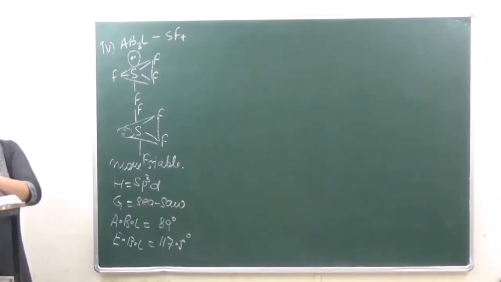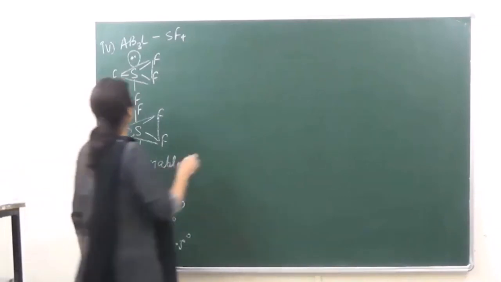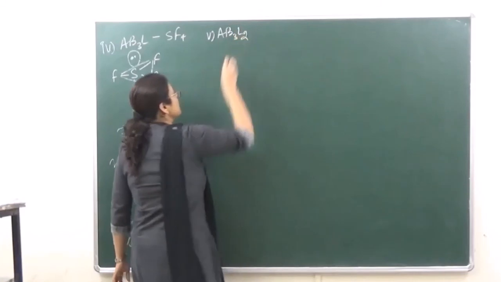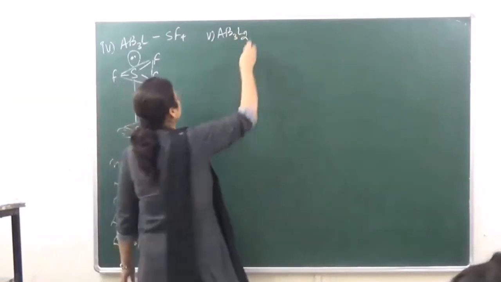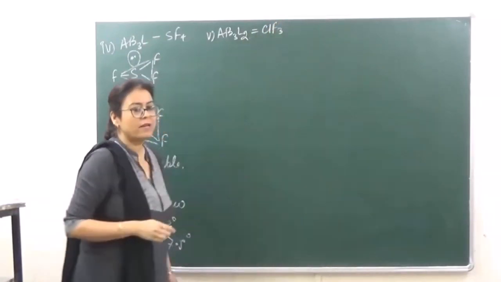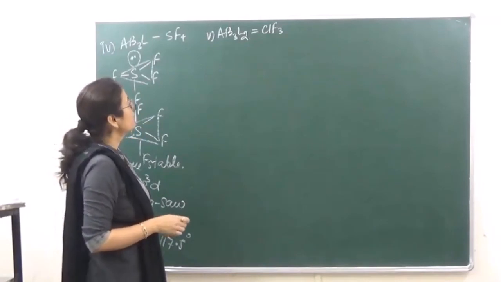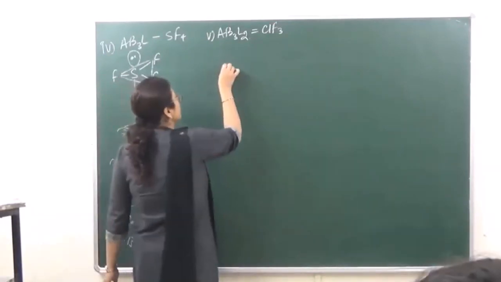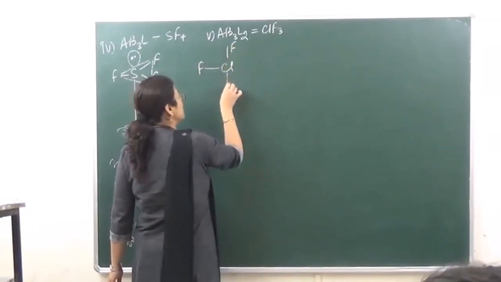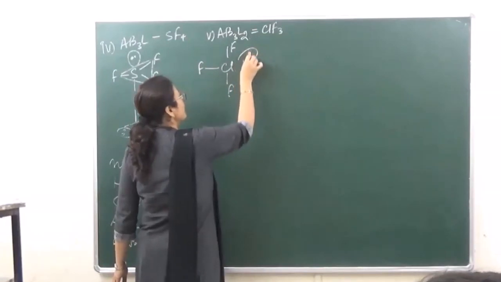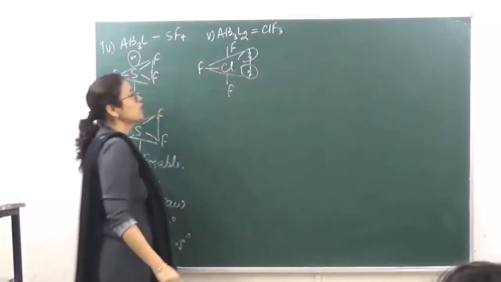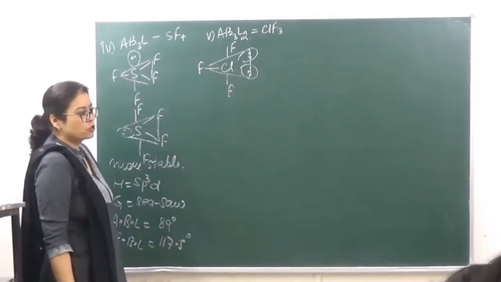Then the next one which we go to is AB3L2. The example which we are going to take over here is ClF3. All these shapes are very, very important. So when we are talking of ClF3, we have Cl, F and two lone pairs of electrons which are directed to the equatorial positions.